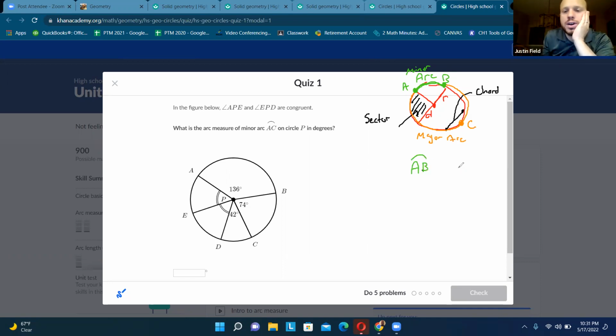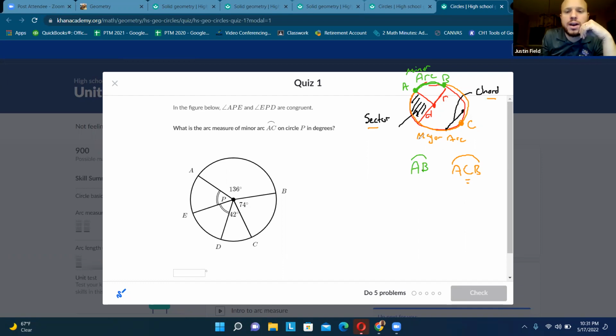And the major arc would be A, C, B. So if we want the major arc, we just denote that we're going to go through the point C instead of going the short way. All right, so those are the arcs. So we have sectors, chords, diameters, radii, minor arcs, major arcs.